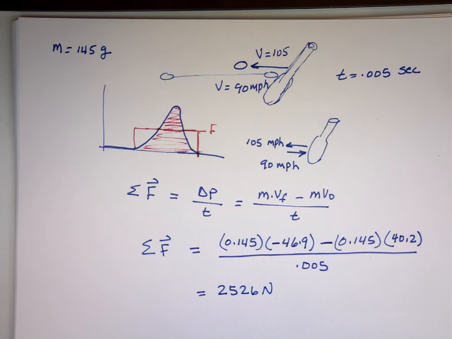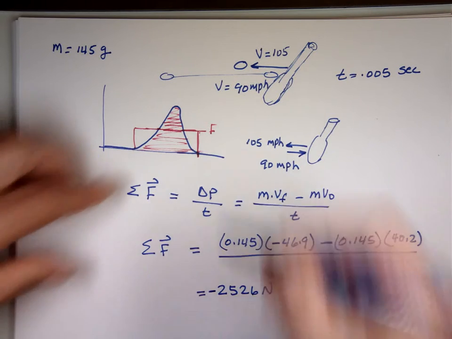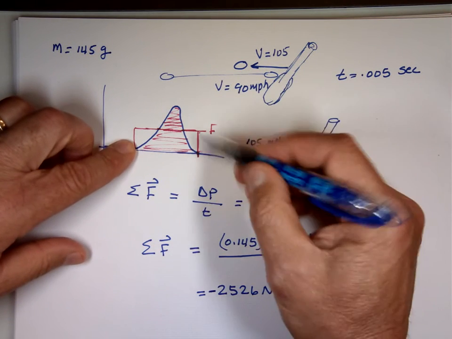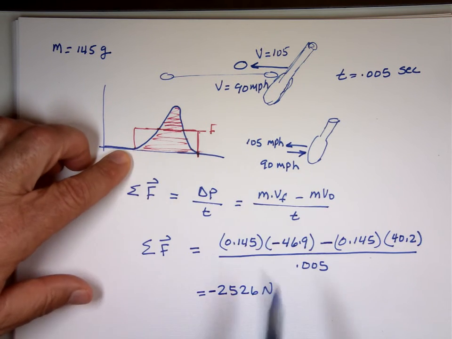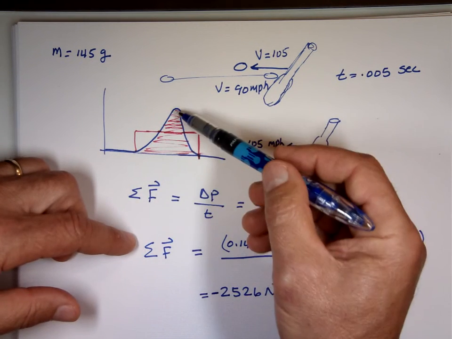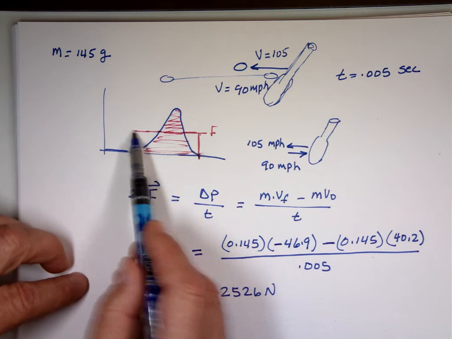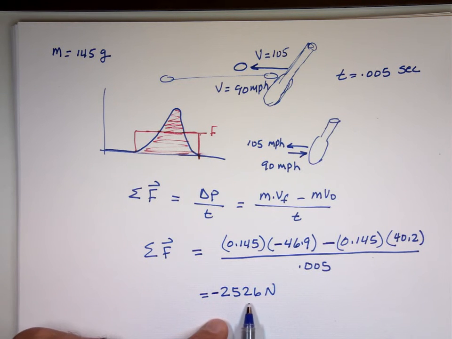Negative, to indicate it's going to the left. So during that time, the bat has an impact, which we know isn't constant. It starts slow, then it goes to a maximum value. So it does get higher than that value, and does get lower than that, but as an average value during that time, it has an average value of 2,526 Newtons during that impact.